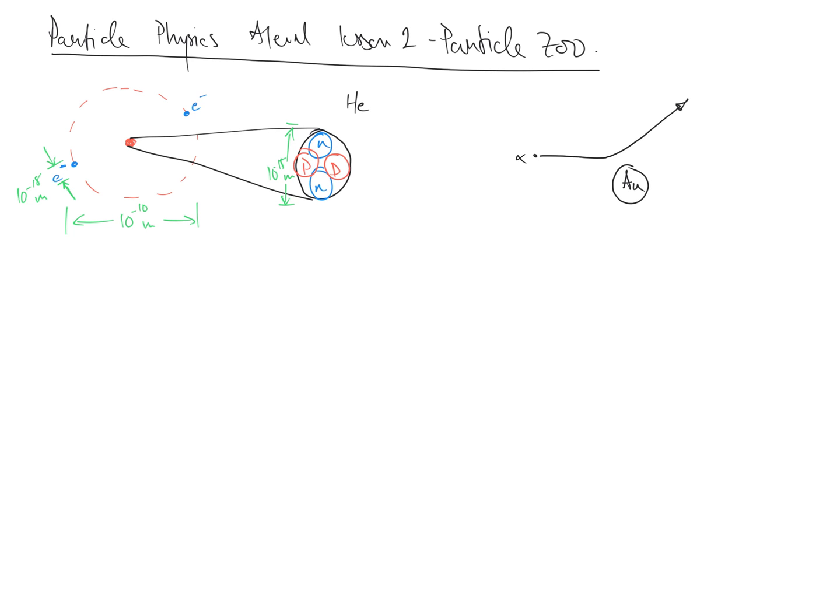We know they're being deviated because gold has 79 positive charges in there, and alpha particles are 2 lots of positive charge, so we have electrostatic repulsion which causes this movement. And if we have a more head-on collision, then those deviations will be greater.